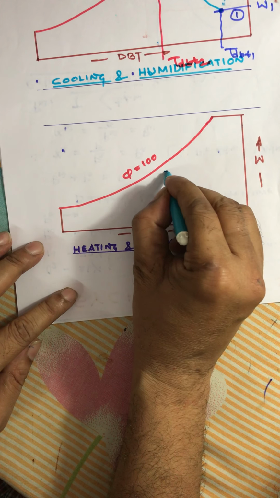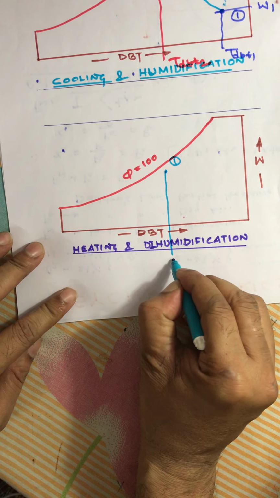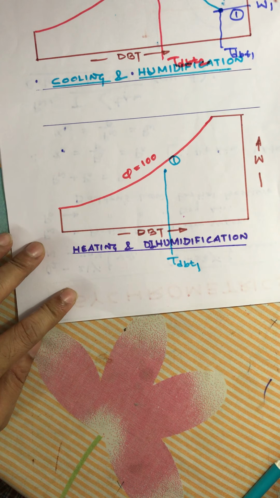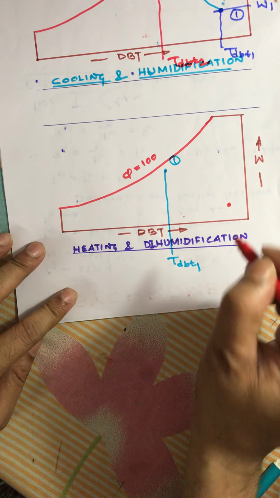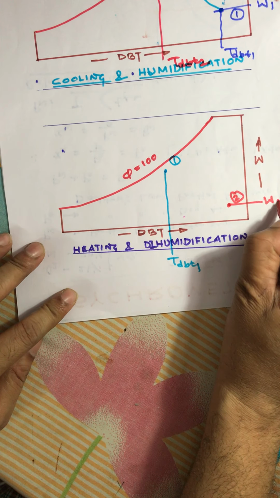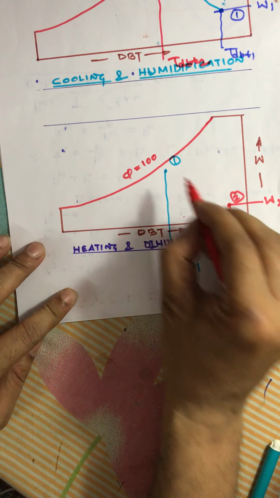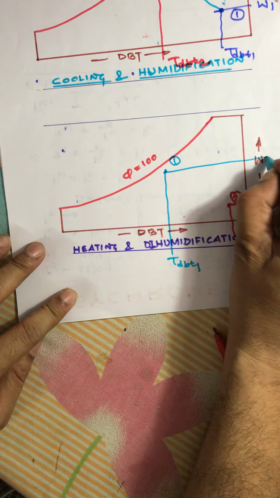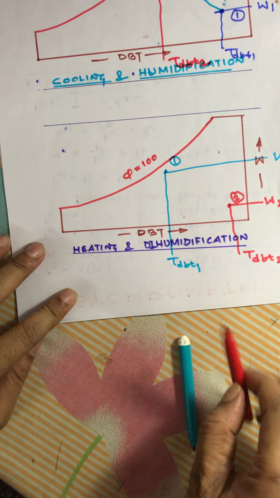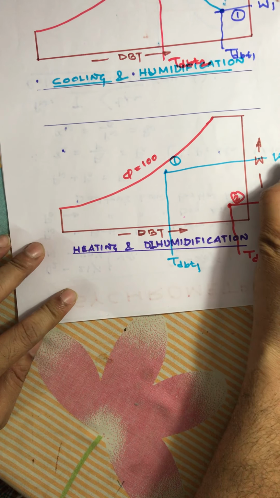Suppose this is the initial state 1, with dry bulb temperature T1 and W1, and this is state 2, with W2 and dry bulb temperature T2.